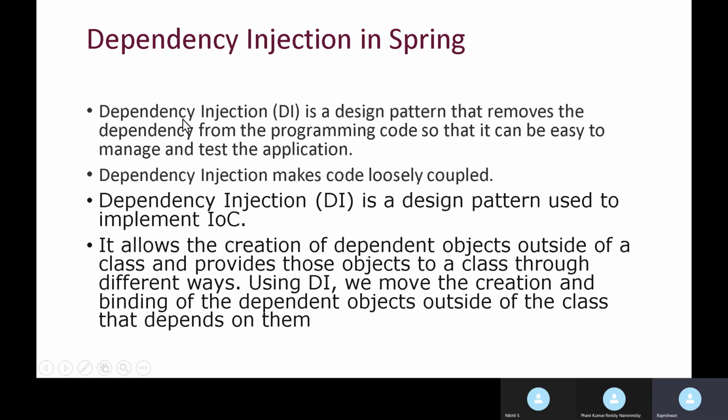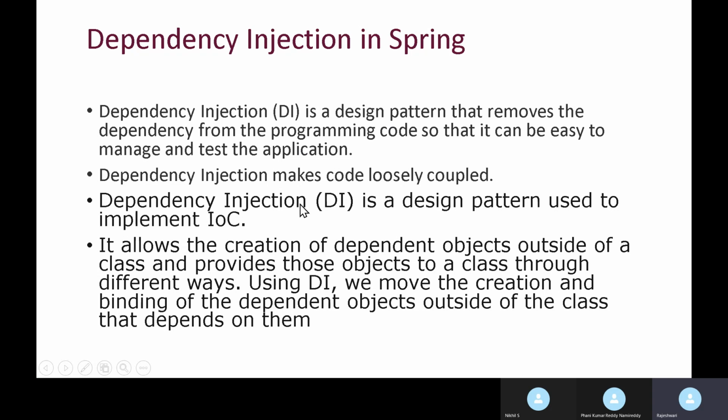Similar to that, dependency injection is also a design pattern that removes the dependency from the programming code so that it can be easily managed and testing also becomes easier. Using dependency injection, things will become loosely coupled. There will be loose coupling of the code.